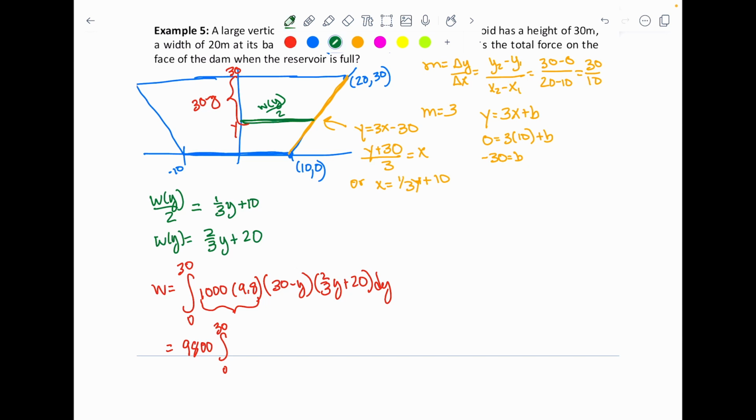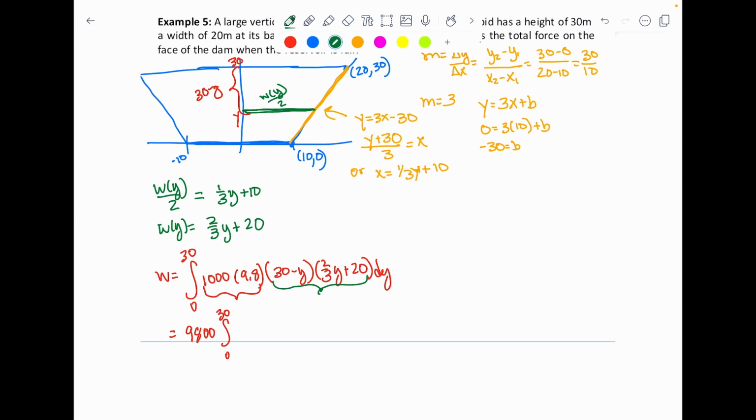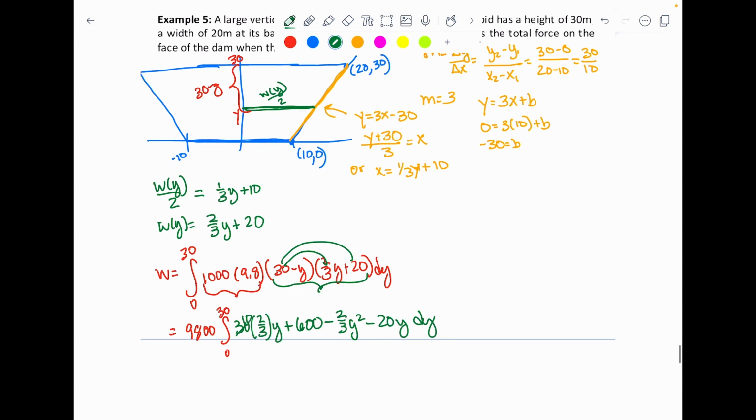And then let's look in here. Well, that's not really a form I can just go ahead and find the antiderivative of. So I'm just going to have to expand that out. I get 30 times 2/3 y, plus 600, minus 2/3 y squared, minus 20y, and it's still dy. 3 goes into 30 10 times. 10 times 2 is 20.